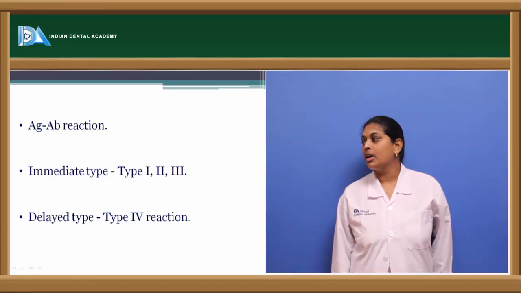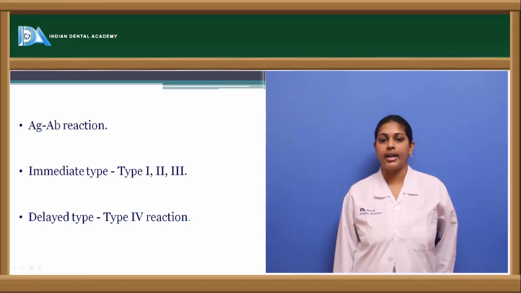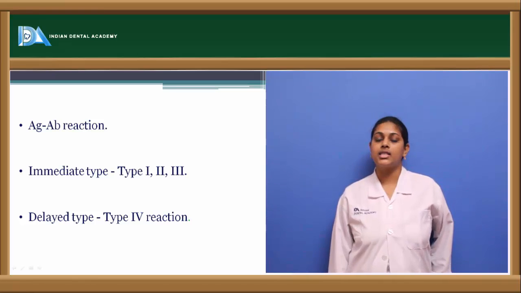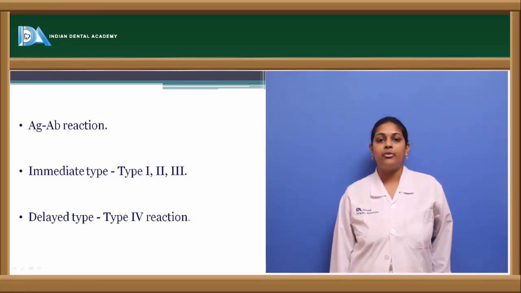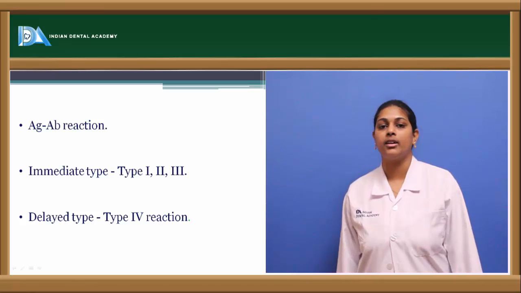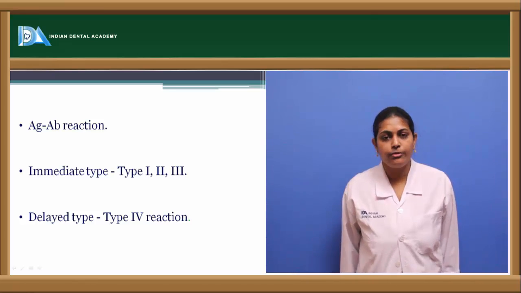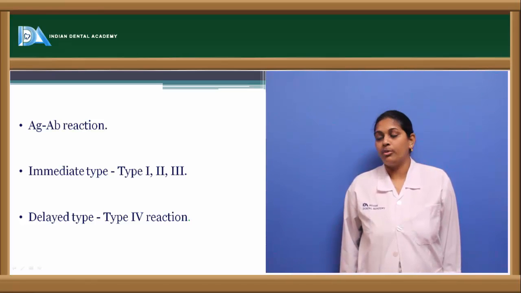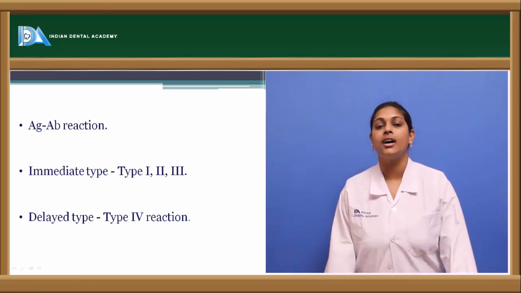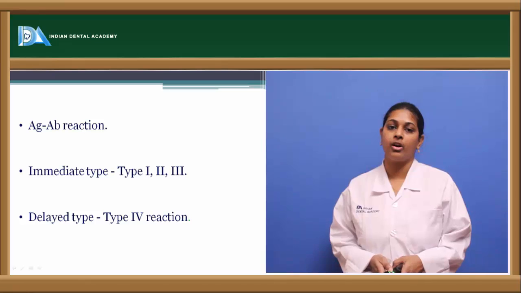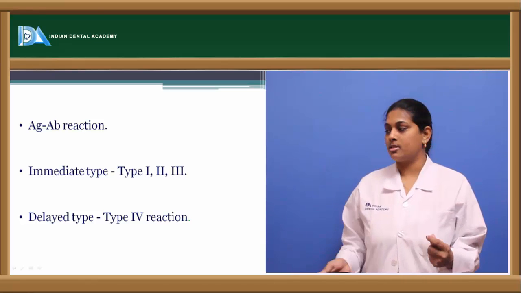Among the immediate type, we see type 1, type 2 and type 3 hypersensitivity reactions, whereas in the delayed type, we see the type 4 reaction. In the immediate type, once there's an exposure of the host to any antigen, we see an immediate hypersensitivity reaction, within a few hours or days. Whereas in the delayed type, there is a delay in the hypersensitivity reaction, which might take approximately hours to weeks.